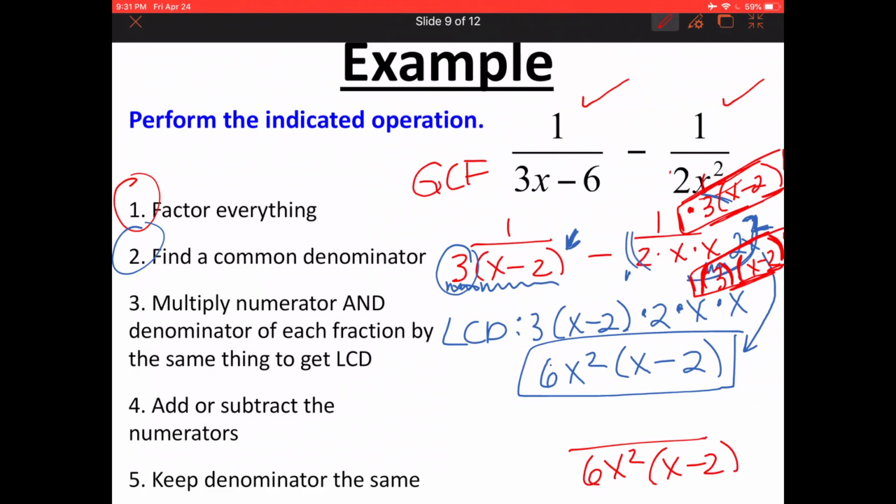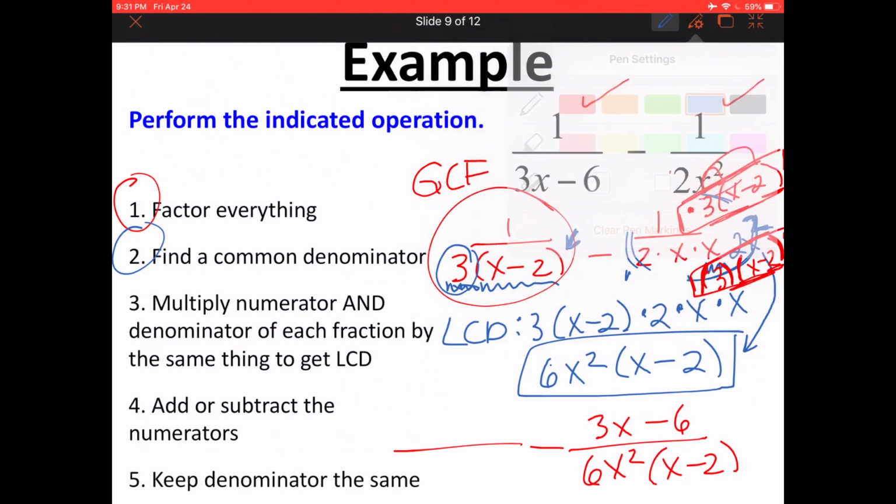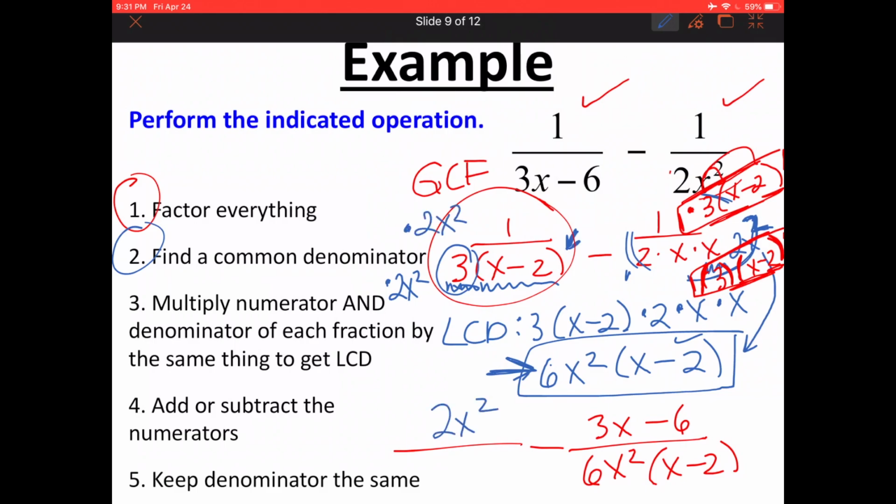In the numerator, I'm just going to distribute, and I get 3x minus 6. All right, over here on the left, what am I missing to make this into 6x squared times x minus 2? I have the x minus 2, and I have the 3, so I'm just missing times 2x squared. If I do it to the bottom, I do it to the top. So I get 2x squared over 6x squared, x minus 2.